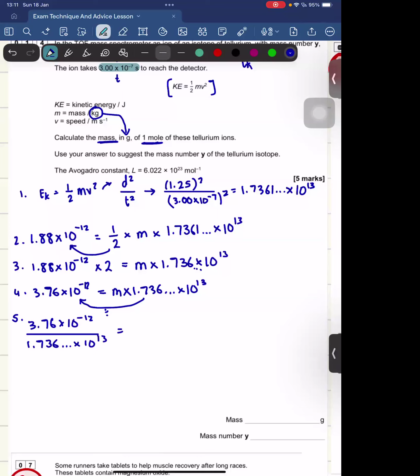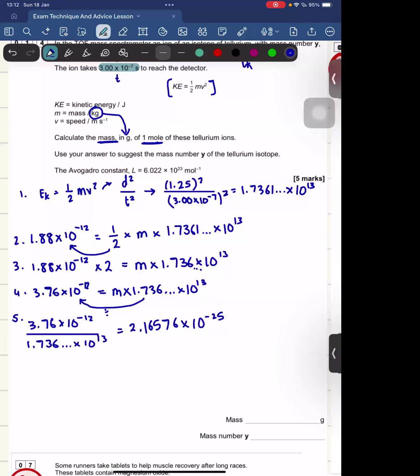So if I do that in my calculator, that should give you 2.1657 times 10 to the minus 25.